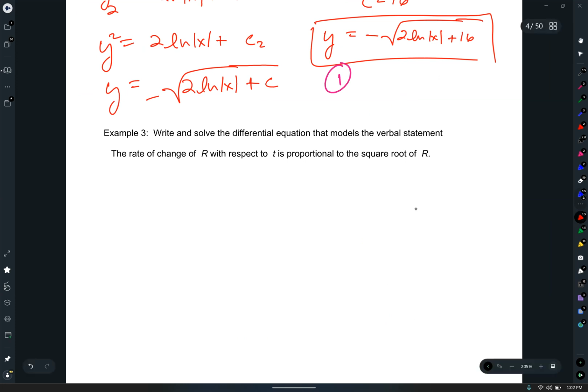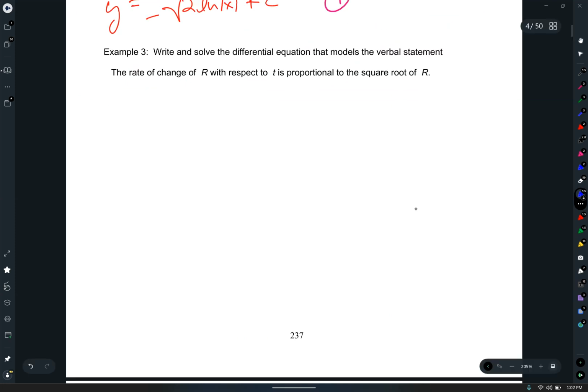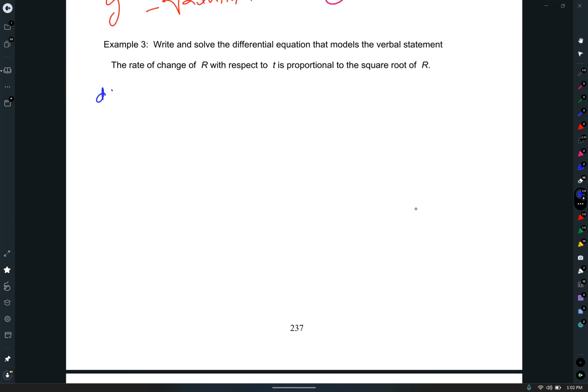The rate of change of r with respect to t. How do I write that phrase? dr dt, rate of change of r with respect to t, is, what goes in place of is? Equals. Proportional to. What does proportional to mean? It means times a constant.